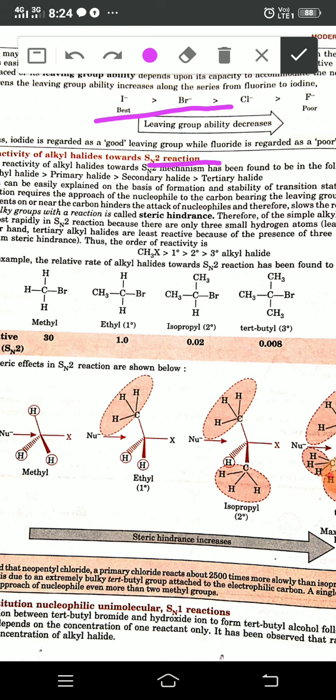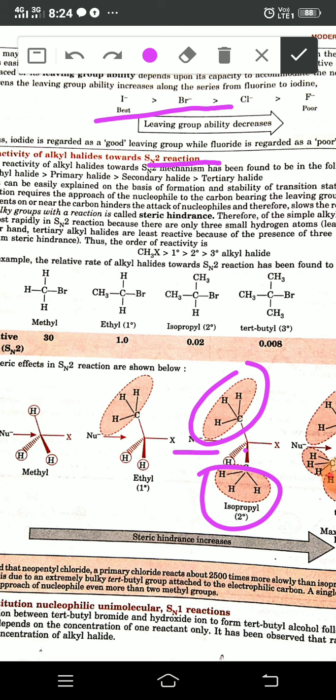If there is a tertiary alkyl halide, in that case the alkyl groups attached to this carbon atom will hinder the attack of the nucleophile.